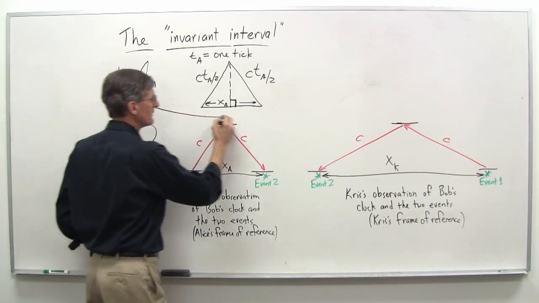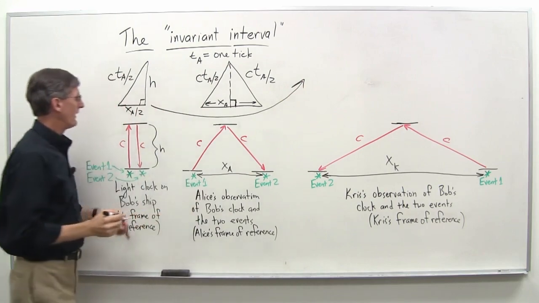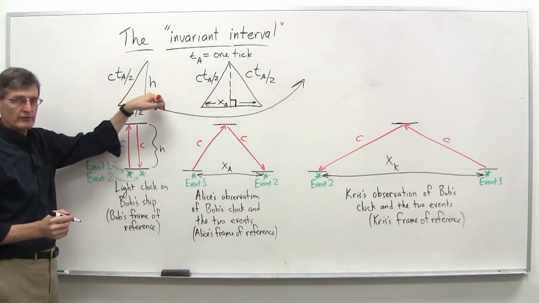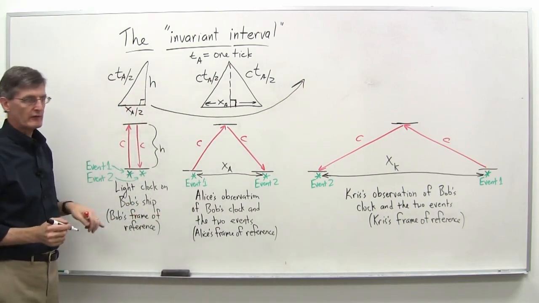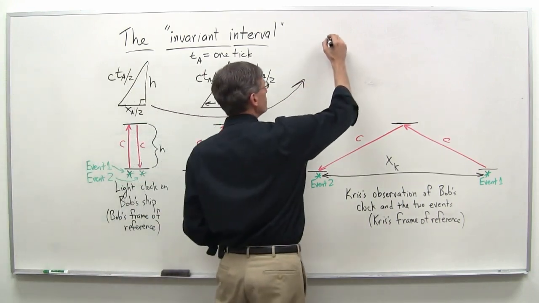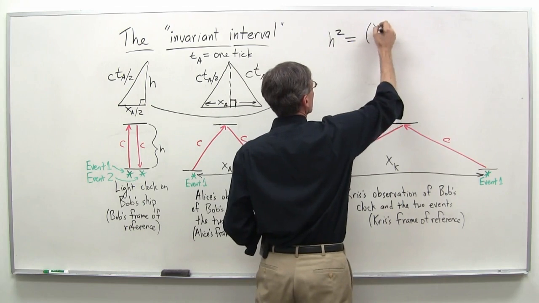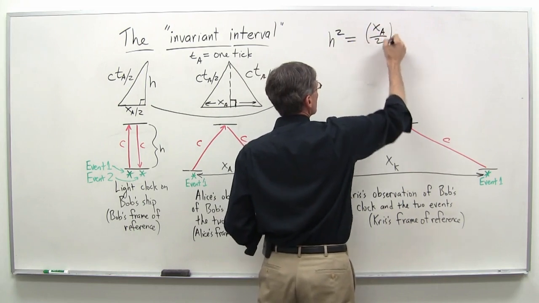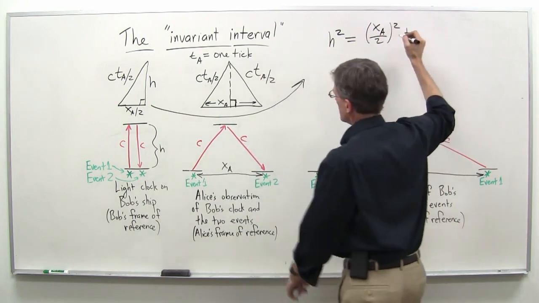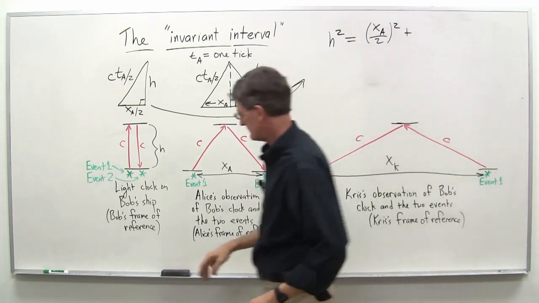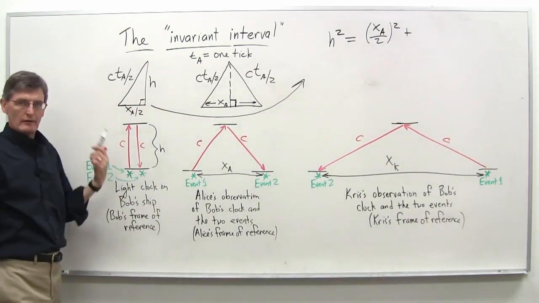So we'll bring it over here. And we say, okay, this side squared plus that side squared equals that side squared. So what do we get? We get h squared equals xa over 2 squared plus, oops, sorry, that's not what I want. Hypotenuse, of course.